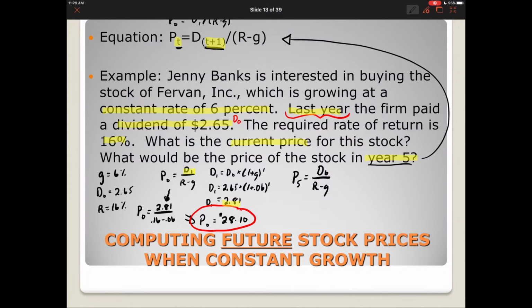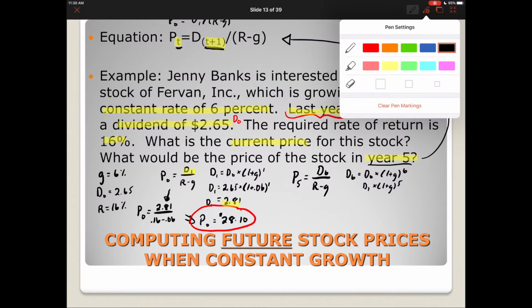So if we go back to our equation for solving for the dividend for any time period, D sub 6 is going to be equal to D sub 0 multiplied by 1 plus G, but now we're going to compound it 6 periods. Another way you could do this, or to emphasize what this compounding process is, you could also take the first year's dividend that we just solved for, but only compound it 5 periods to get to the 6th dividend.